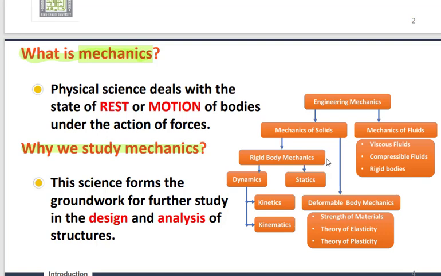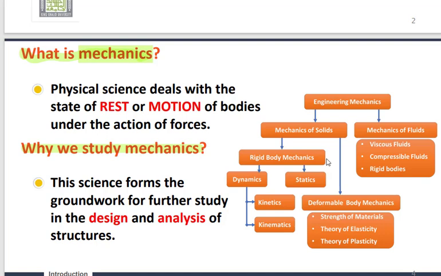Because mechanics also deals with statics. Some students might have studied engineering mechanics. Statics deals with the state of rest, the bodies which are at rest. You studied the application of forces on static bodies. What we are studying in dynamics is the action of forces on a moving body.